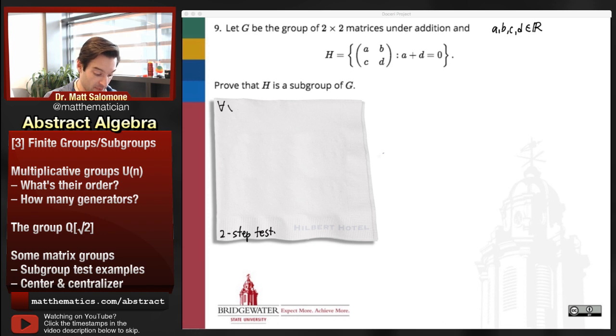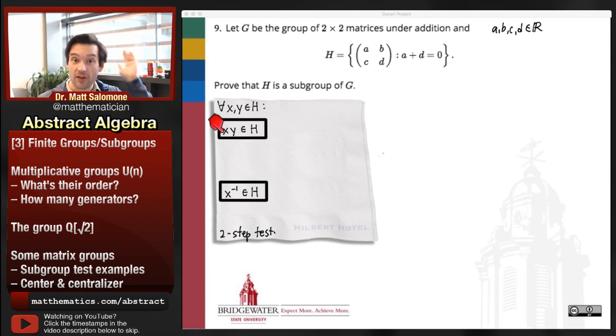For all x and y that are elements of my set, I need to show that x combined with y is an element of H, and also that the inverse of x is an element of H. And again, we have to carefully think about what xy means and about what x inverse means, because the operation in my group is the operation of addition.